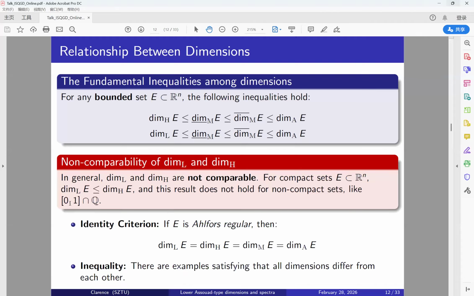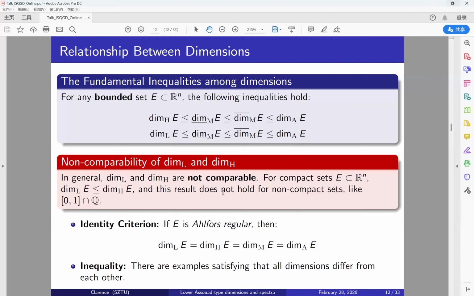For example, if we consider the rational points in the [0,1] interval, the Hausdorff dimension is 0, but based on the closure properties, the lower dimension will be strictly 1. So if a set is compact, you can use the lower dimension as a lower bound of the Hausdorff dimension. However, they are not comparable in general.